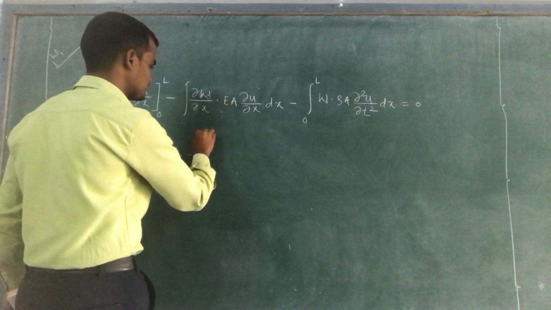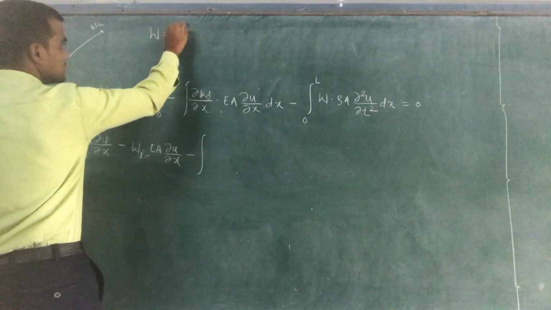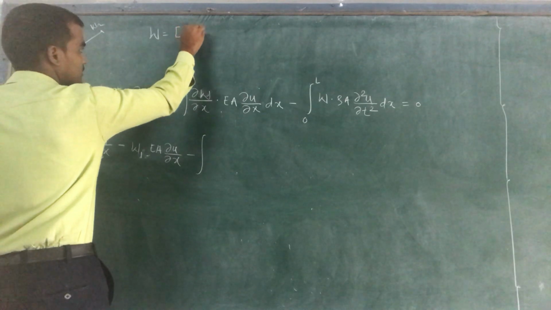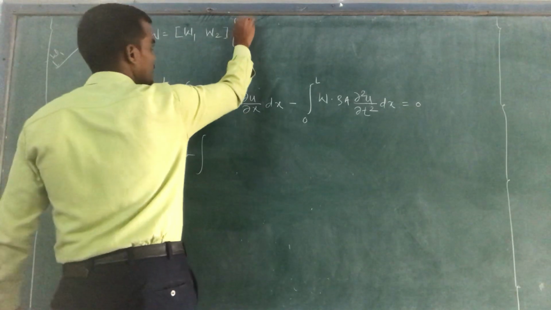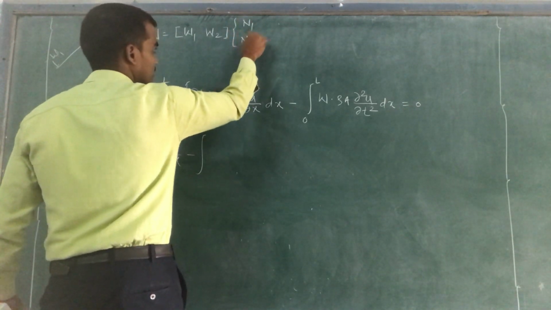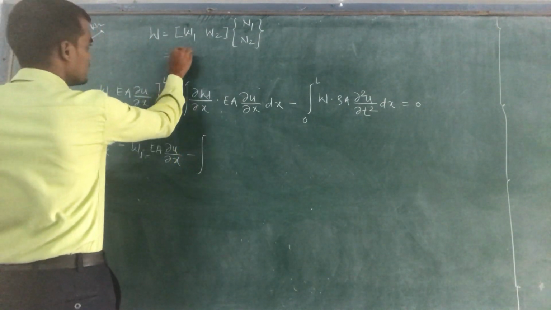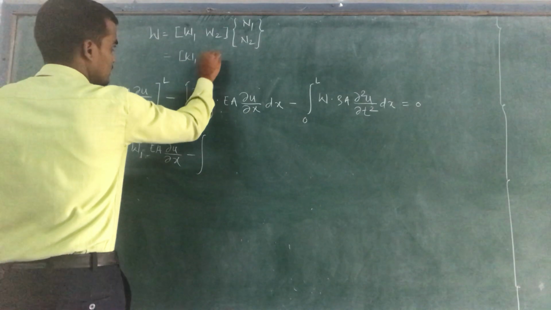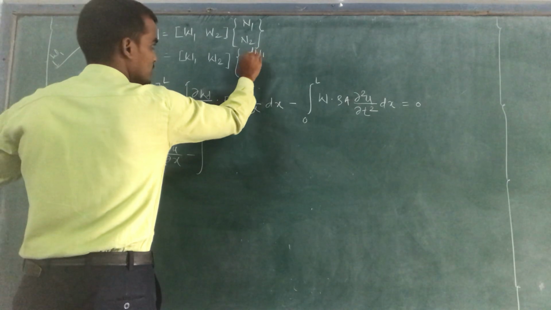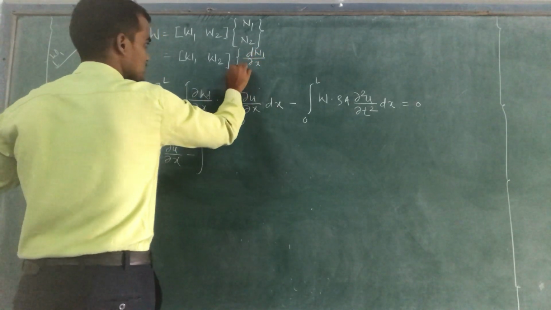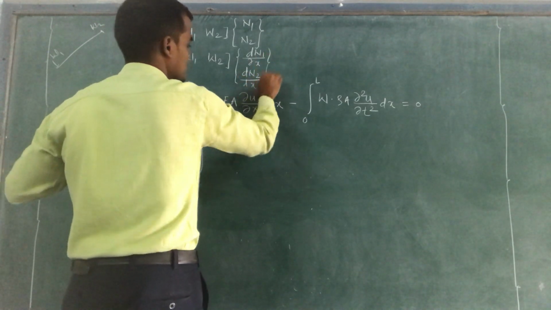Okay, so minus integration. As we know, w is written as [w1 w2] into [N1 N2]. If we take the derivative, it will become [w1 w2] into [dN1/dx dN2/dx].